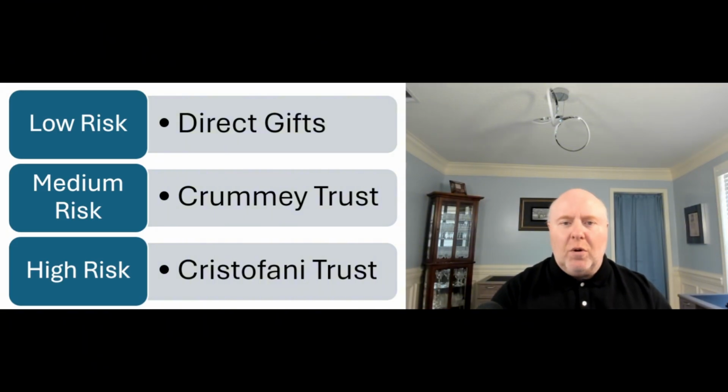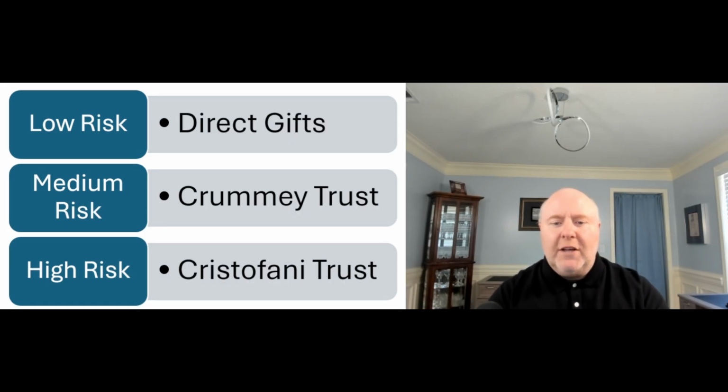There's generally a lower level of risk. Okay, it's not as complex. It's pretty easy for the IRS to say, okay, yeah, this is what the situation is. You gave a gift. I can see the title transfer, whatever. It's fairly low risk in terms of the likelihood of you being audited on that.